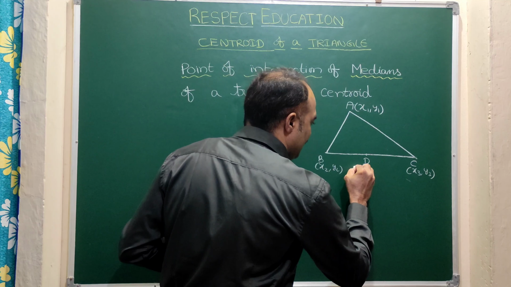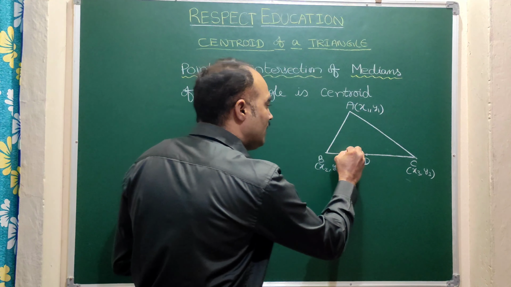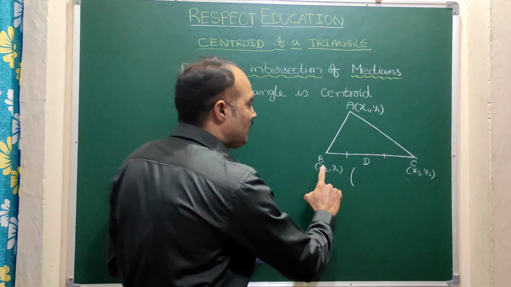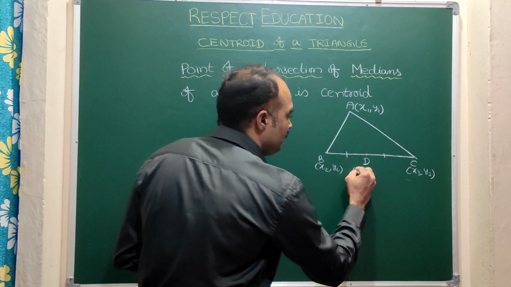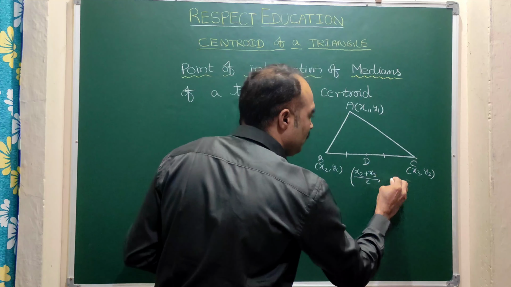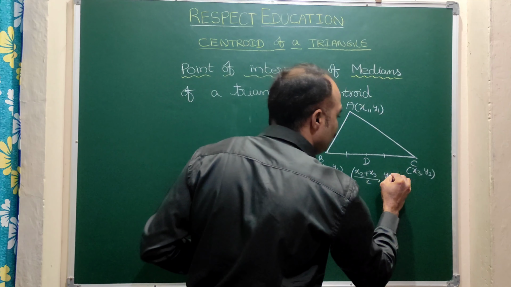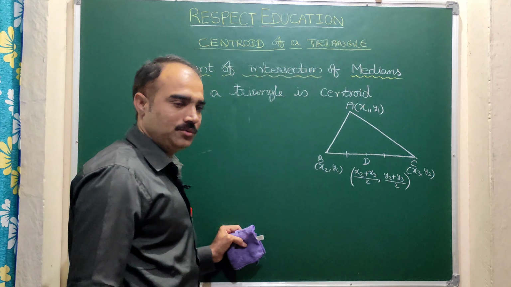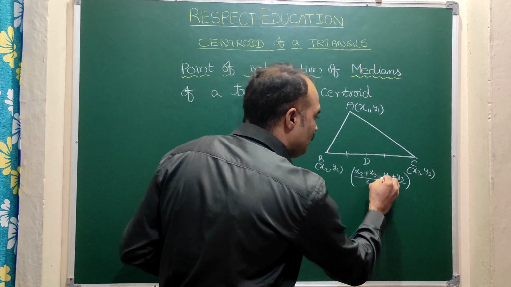Here, first let us find the coordinates of D. As you know, D is nothing but the midpoint of B and C. So here we can apply the midpoint formula: (x2 plus x3) by 2, comma, (y2 plus y3) by 2. This is the coordinate point of D.